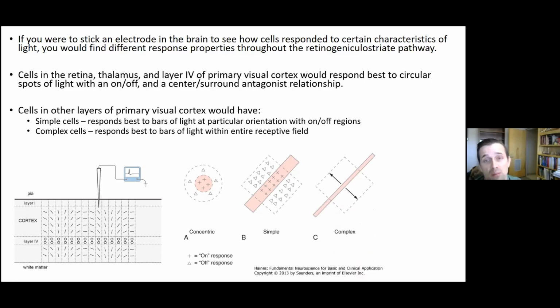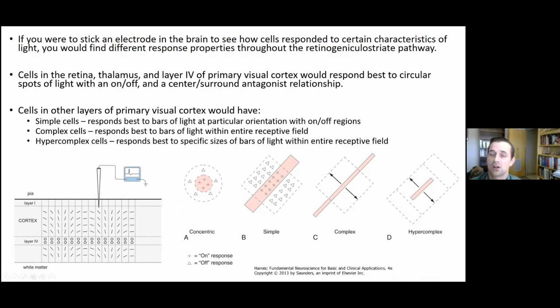You can have complex cells which respond best to bars of light within an entire receptive field. And you can also have hypercomplex cells that are going to respond to specific sizes of bars of light. So is it this size, maybe it's this size within an entire receptive field. All right, so how does this all work?